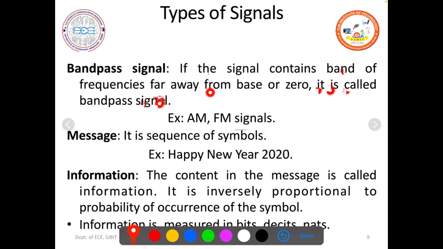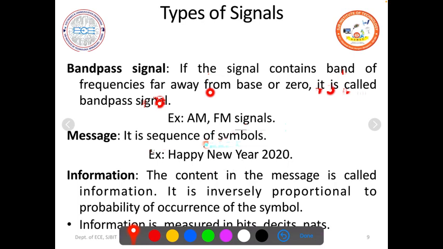Next, we have been constantly telling that we'll send a message signal. So what is a message signal? It is a sequence of symbols. For example, you want to send some text, Happy New Year 2020, 2022, 2023, whatever it is. Each digit can be converted to a suitable form and sent across. Then what is information?